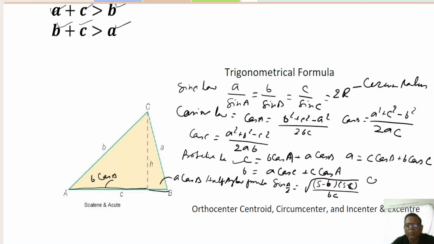Cos A by 2 is equal to root over s(s minus a) divided by bc.